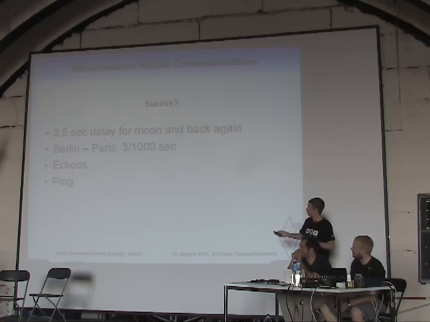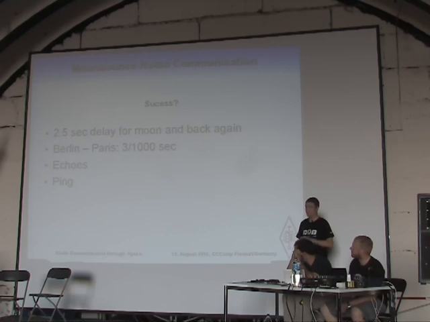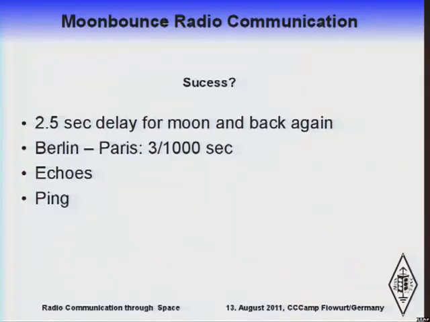So, for example, the distance Berlin-Paris is about 3 thousandths of a second transmit time, so it's really a long round-trip time to the moon and back. You can also do pings to the moon. That's like you're sending a short signal and trying to receive it with your station, and you can hear echoes from the moon.